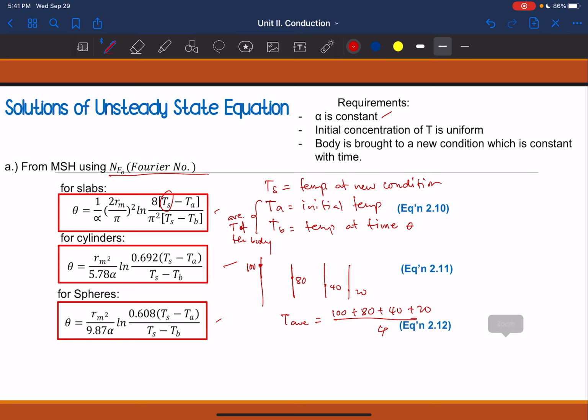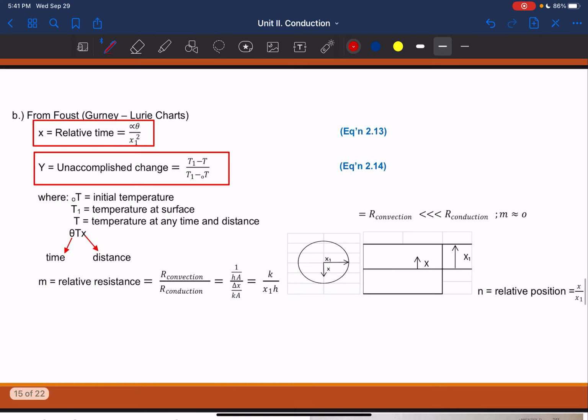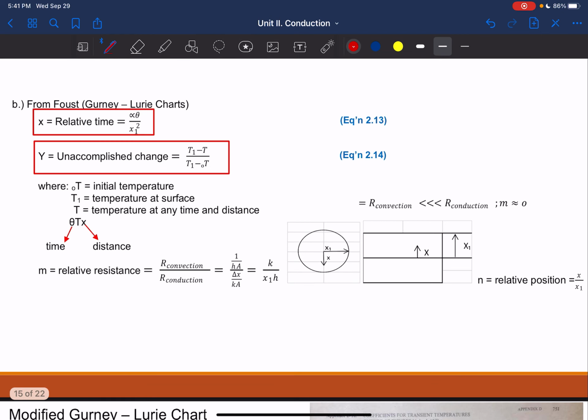Okay. The second one is using your Gurney-Lurie chart. This one is from Faust naman. I think it's in page 224 of the Faust. Your X is the relative time, which is alpha, or your thermal diffusivity, times theta, or the time, all over x1 squared.